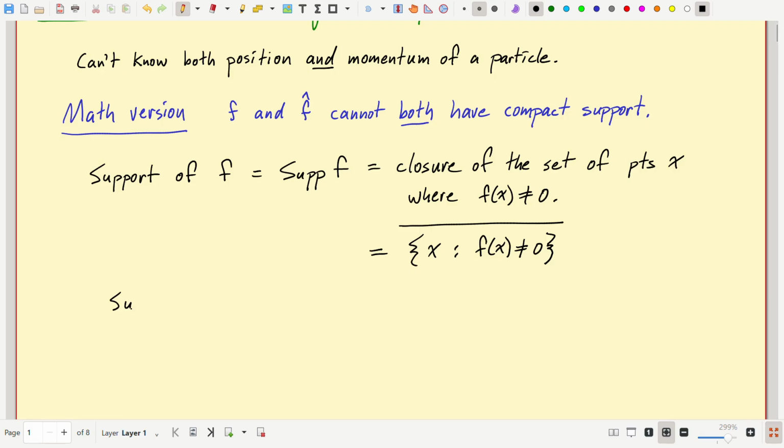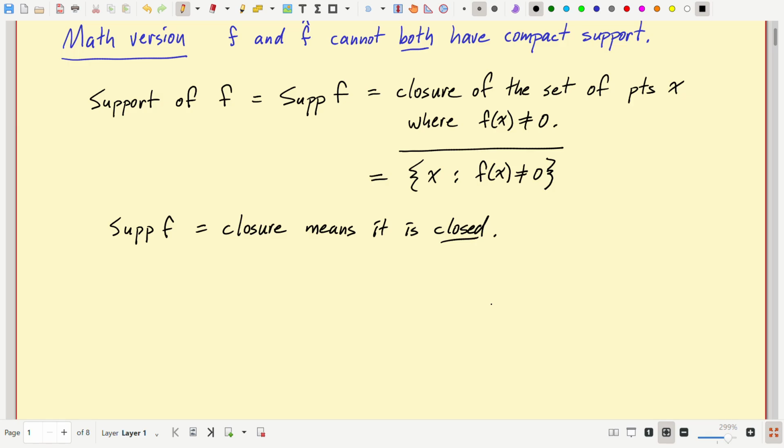The support of f equals the closure of something, which means it's going to be closed no matter what. And compact means it's closed and bounded.